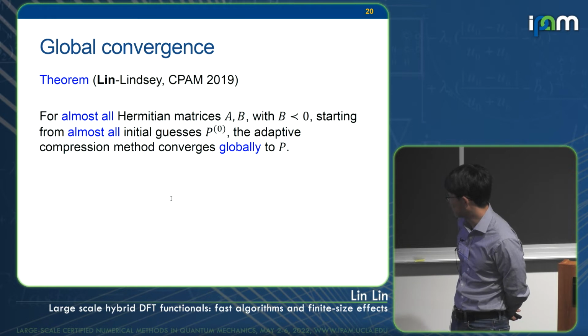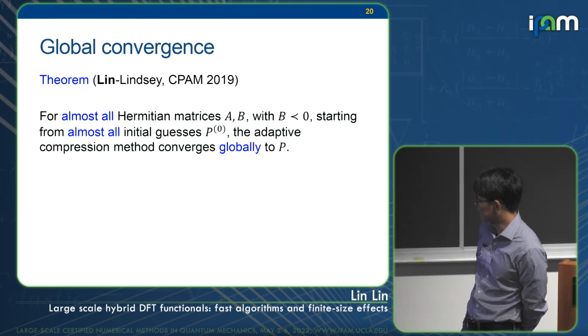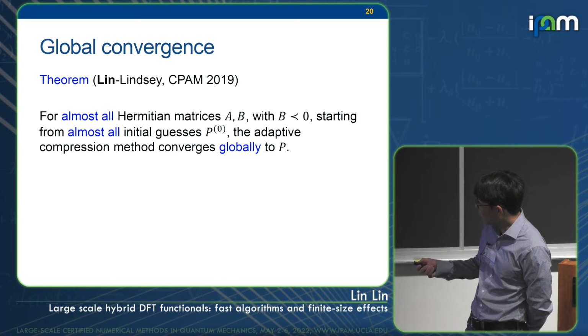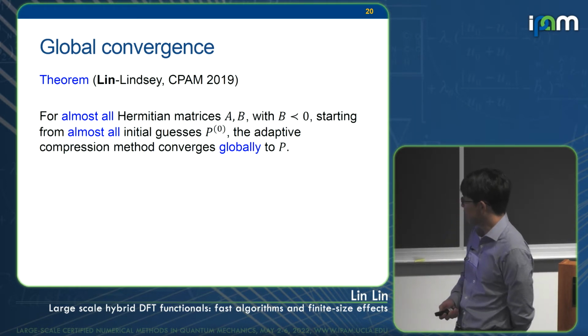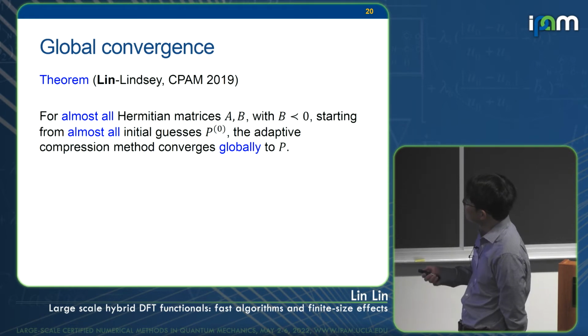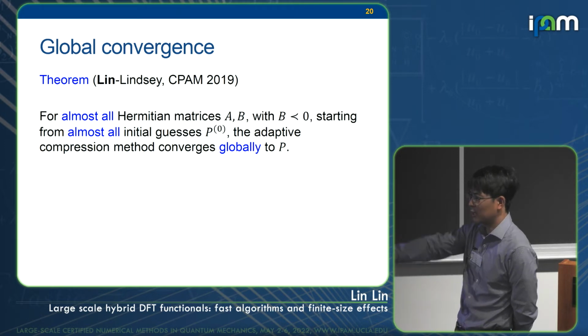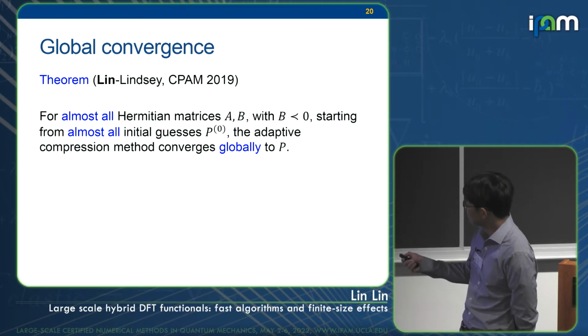Another very interesting observation, and the mechanism is completely different, is that you can even prove global convergence. The statement is weaker, and there's no way you can talk about a convergence rate, but you can have the following result: you take almost all Hermitian matrices A and B, taken randomly according to the Lebesgue measure, and also require B to be negative definite.